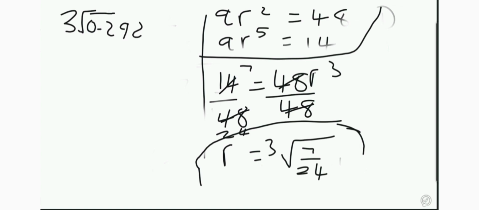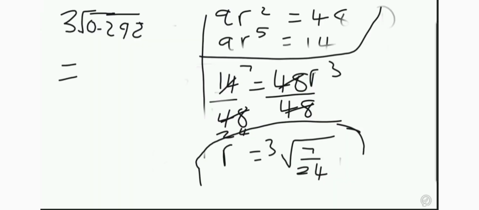0.292. Okay, 0.292. The cube root of 0.292. I'll be showing you a live view of my own calculator. Can you see the way my cube root looks? It's not the usual cube root. Okay, the cube root of 0.292 is 0.663. If you multiply 0.663 times 0.663 times 0.663, it will give us 0.292.